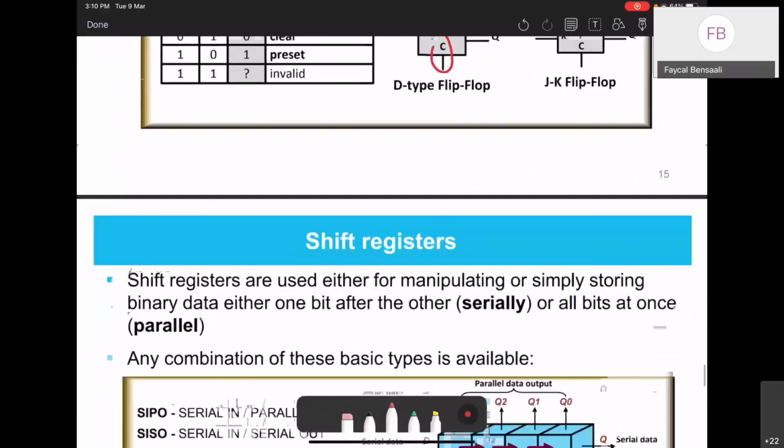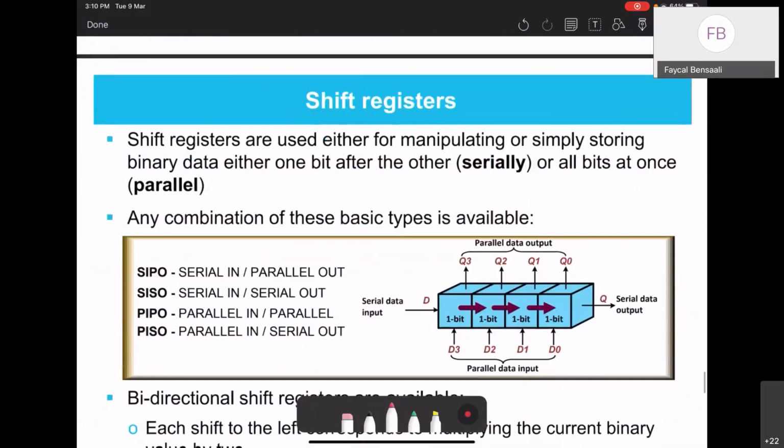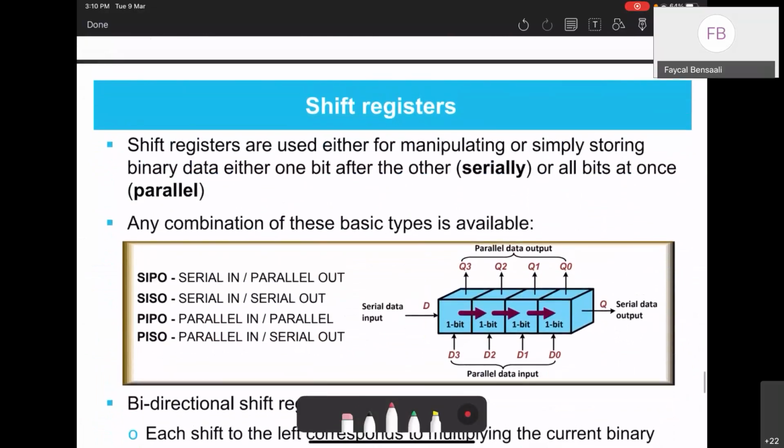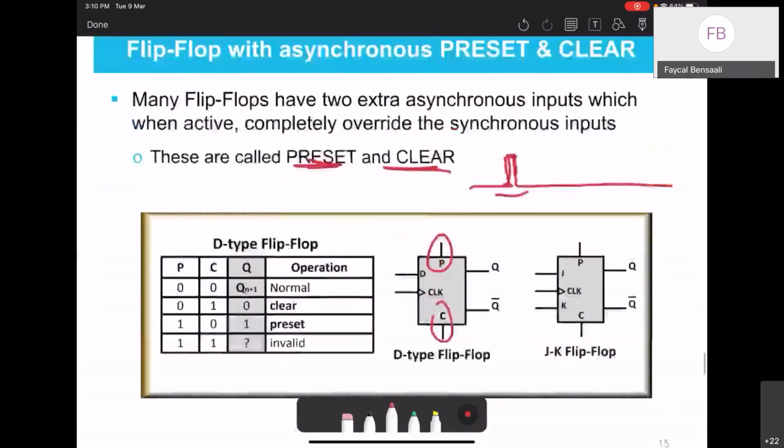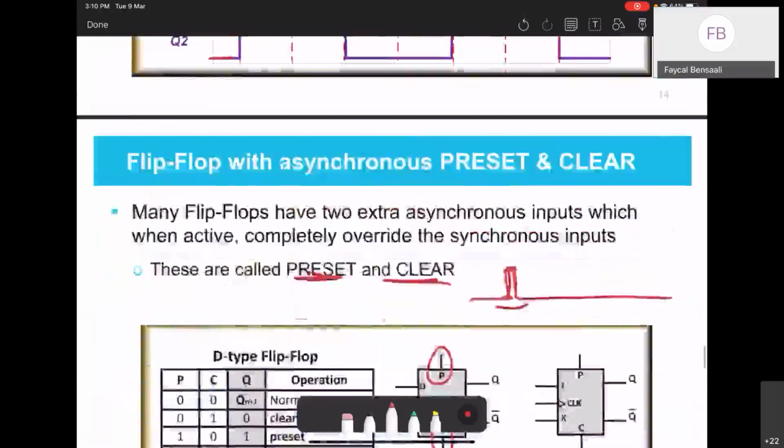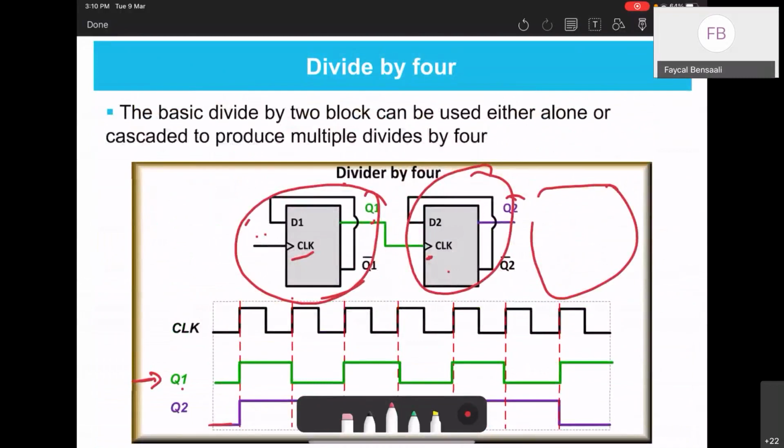Now I will move to another circuit where we use flip-flops. We call it the shift register. A shift register is used to do the shift operation. Shift registers consist of flip-flops connected together. Like here, this is a clock divider with 2 flip-flops connected together.